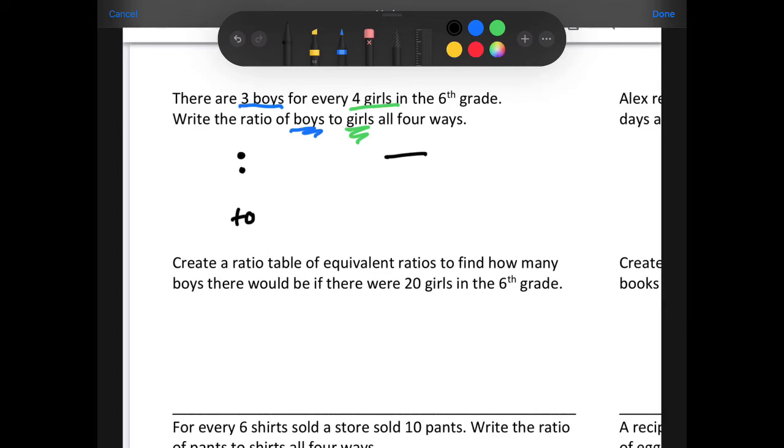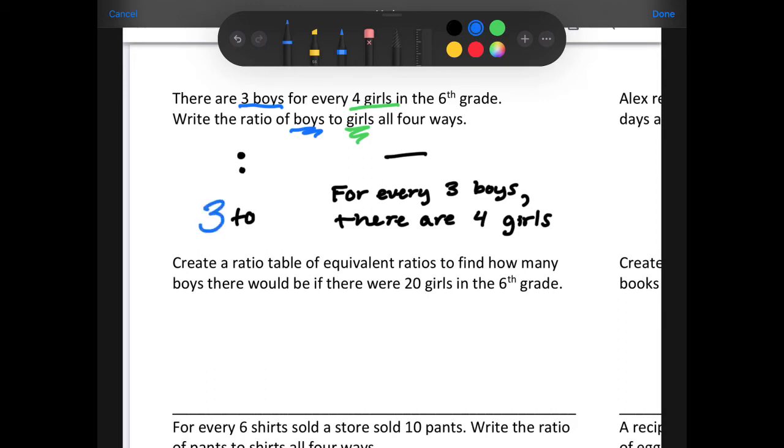So we can write: for every 3 boys in the 6th grade, there are 4 girls. Simple enough. And that is a 3 to 4 ratio. So we can write that in words, 3 to 4 ratio, boys to girls.